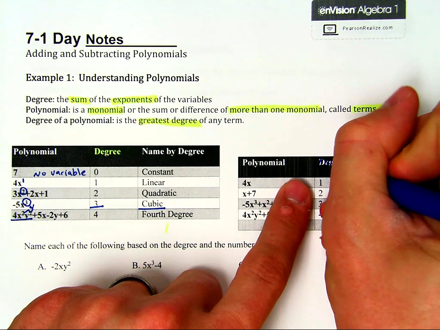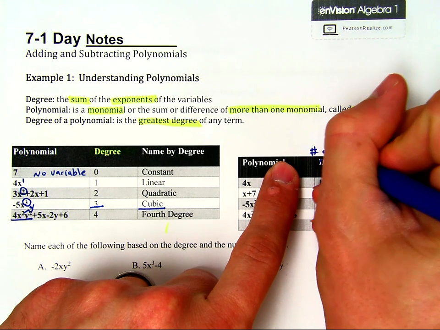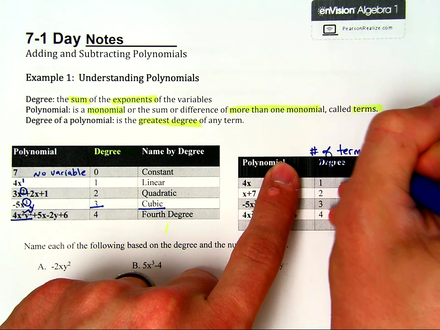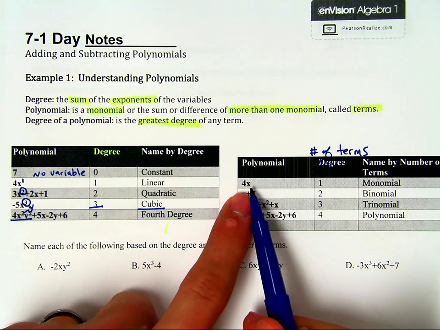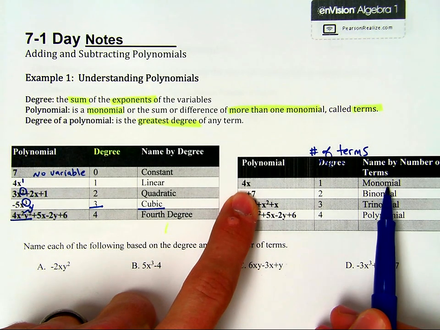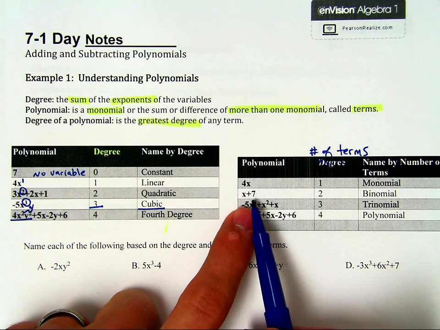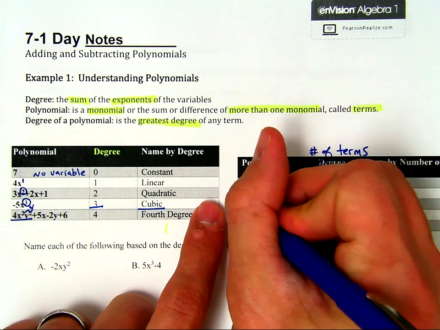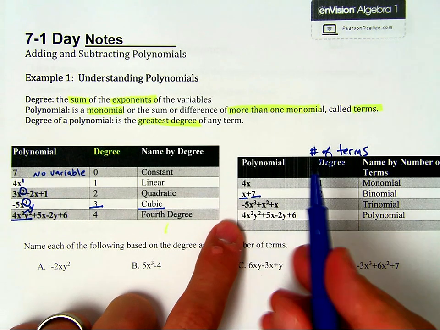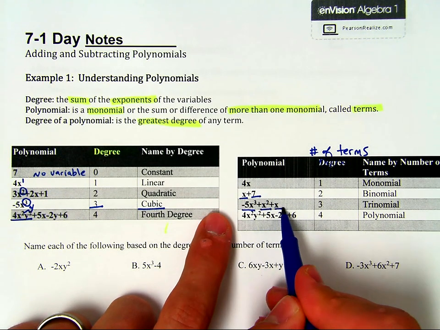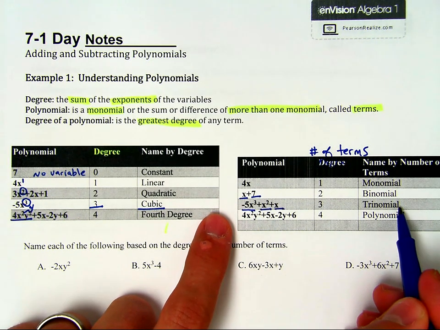We can also name it based off of the number of terms. So over here, instead of degree, this should say number of terms. So for instance, the first one, 4x, we only have one term, so we call it a monomial. This one, we have 2 terms. X is a term and 7 is a term, so we call it a binomial.